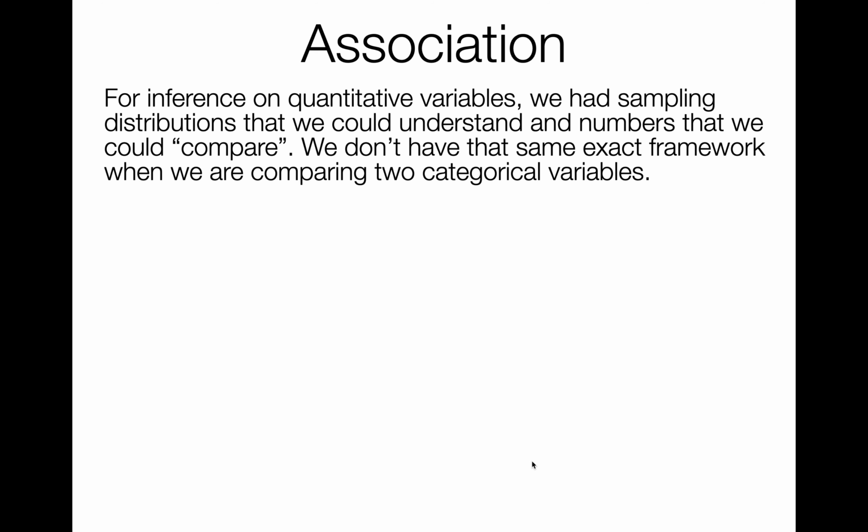The inference that we did, both confidence intervals and hypothesis tests, had a lot of common parts, but the real engine that pushes them were the sampling distributions that we learned about in lesson 6.